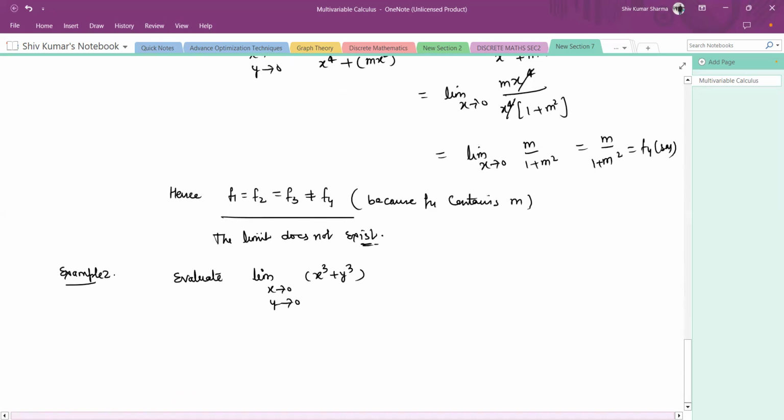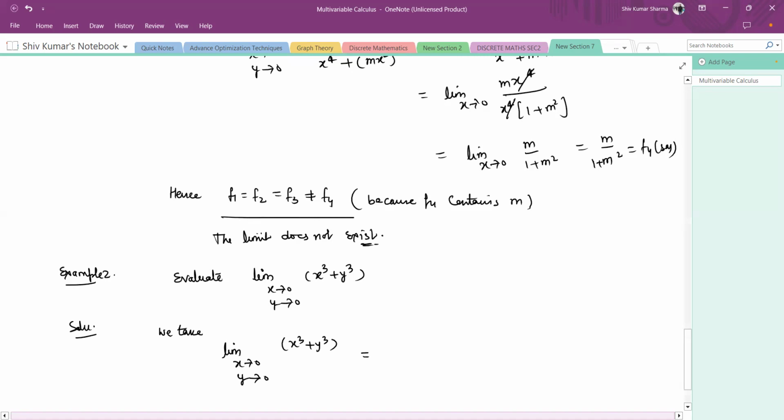Similarly, we follow the same steps as per the previous example. So we write down the solution: limit x tends to 0, y tends to 0, x cube plus y cube.